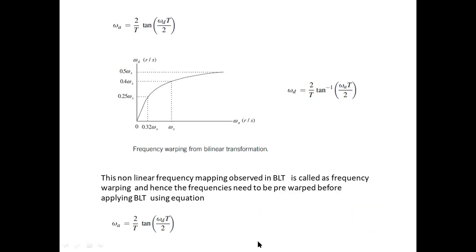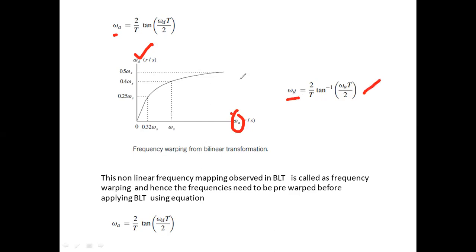See here, the author has given us a mapping from analog frequency to digital frequency. If we take a normal filter and directly transform it to a digital filter, then what's going to happen? Say we perform the digital to analog transformation.